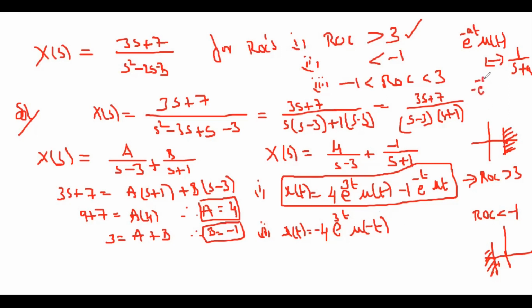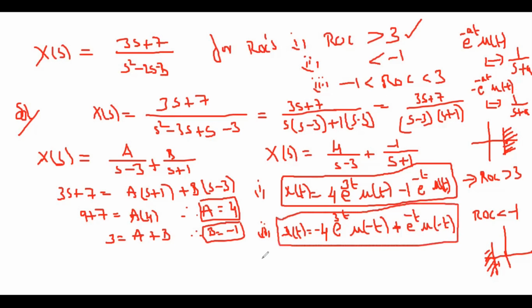Minus e power minus at, mu of minus t, the Laplace transformation is 1 by (s plus a). But the ROC is different for this one. Okay. And similarly, already we have the minus there. Now it becomes plus e power minus t mu of minus t. So both are mu of minus t. Okay, minus e power minus at, mu of minus t is 1 by (s plus a) for the negative real axis. It is for the ROC of less than minus 1.